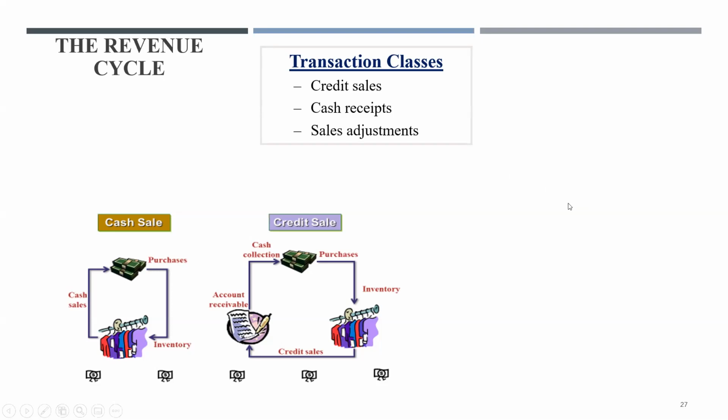What are the normal sales adjustments? Returns. Sales returns, and? Only sales returns. Anything else? Has anyone here actually done any sales roles?